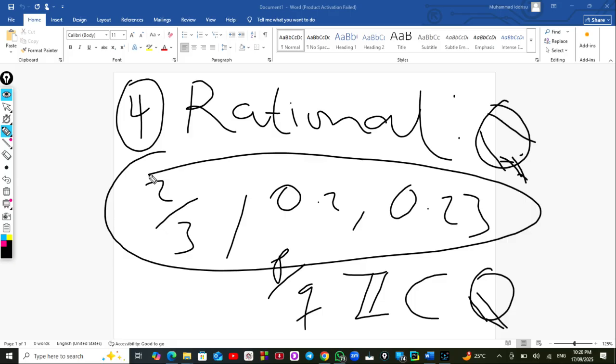So it can also be negative or positive, it doesn't matter. That is rational numbers. But still we cannot say that it's the same as this, negative infinity to infinity. It isn't the same.